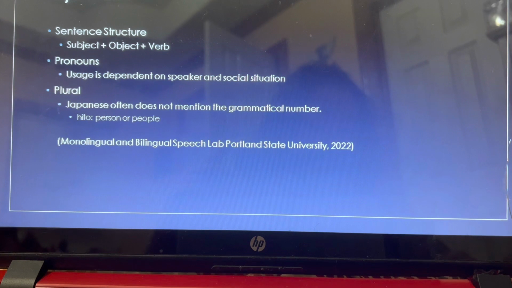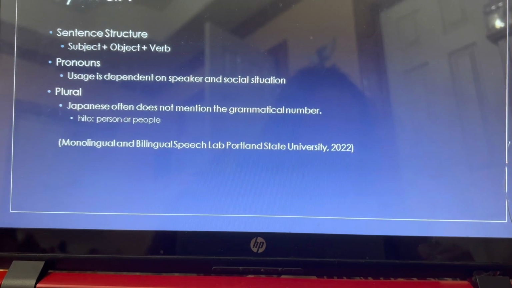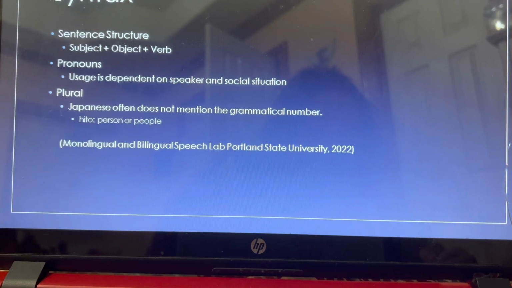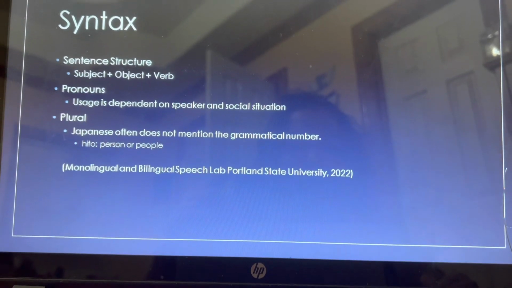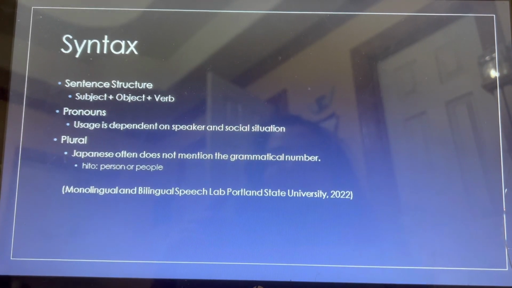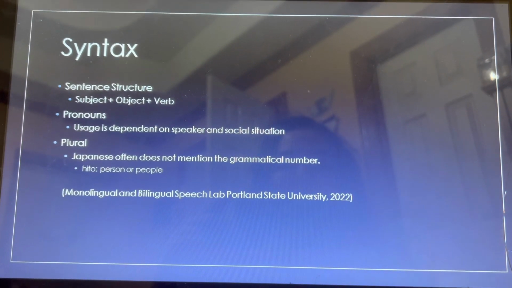So next, I'll go ahead and talk about pronouns. So in English, the pronouns we use are pretty set in stone, and I feel like the only time we really change our pronouns is maybe somebody tells us, or the situation is just different a little bit.